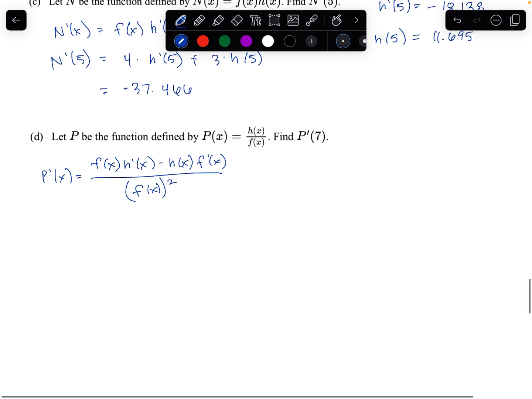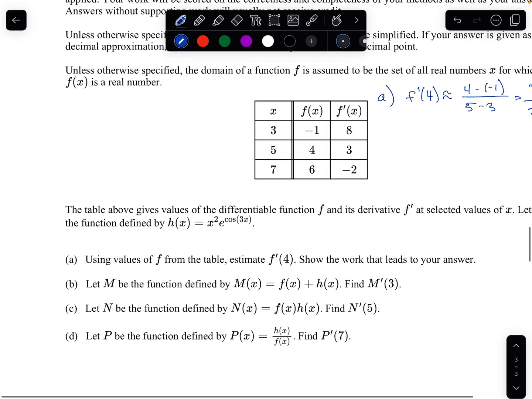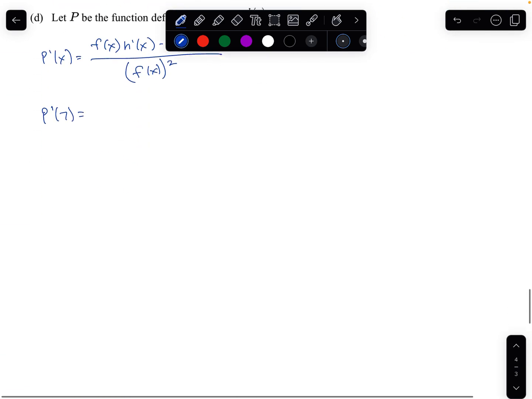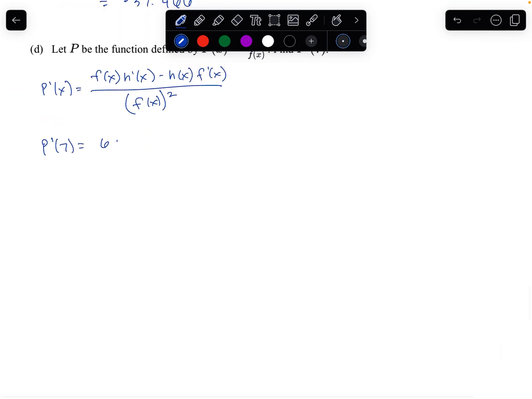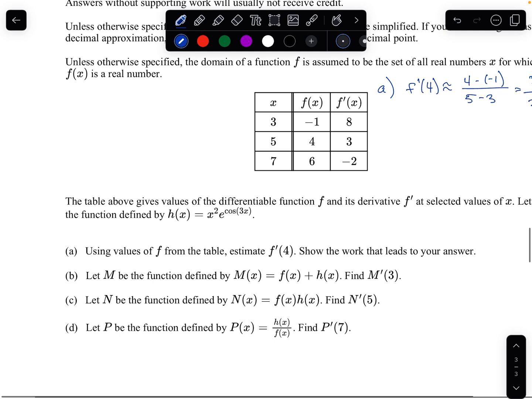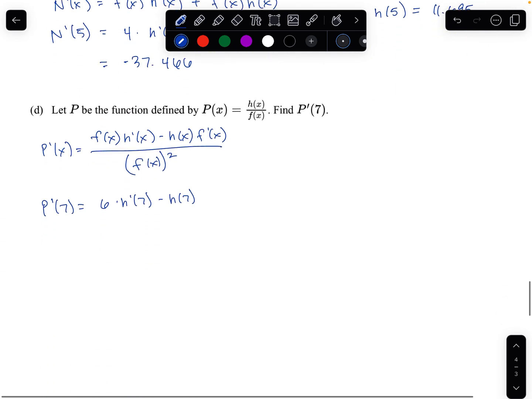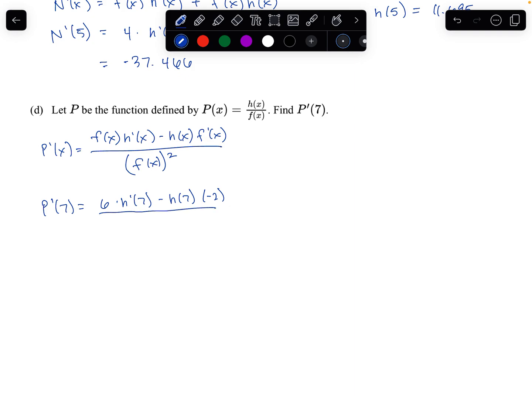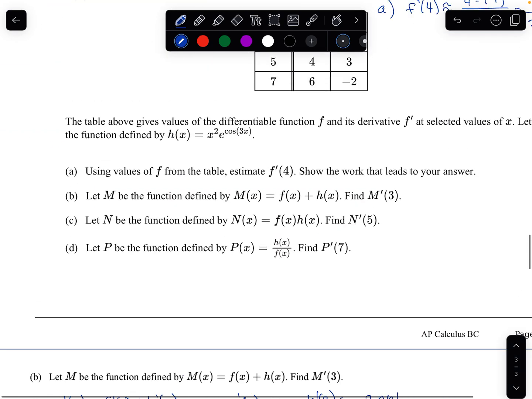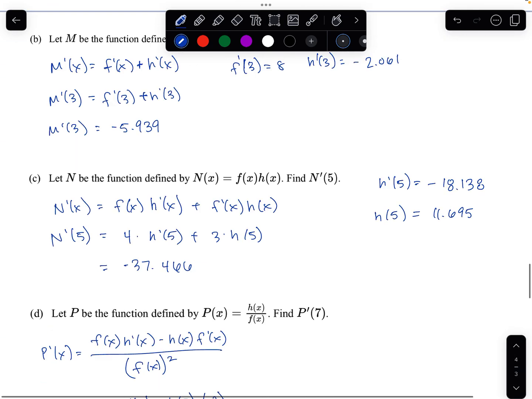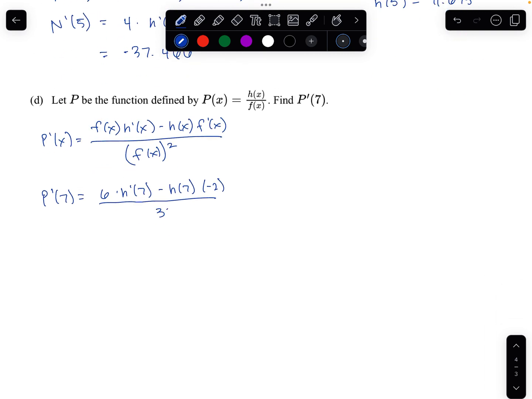We're using 7, so p prime of 7 is going to be equal to f of 7, and f of 7 is 6. So 6 times h prime of 7 minus h of 7 times f prime of 7, which is negative 2, all over f of 7 squared, so that's all over 36.